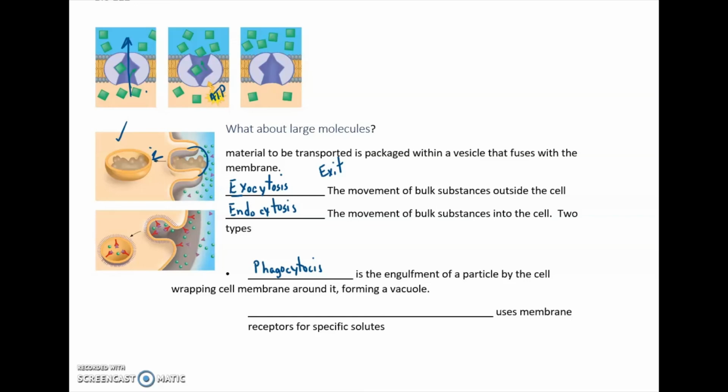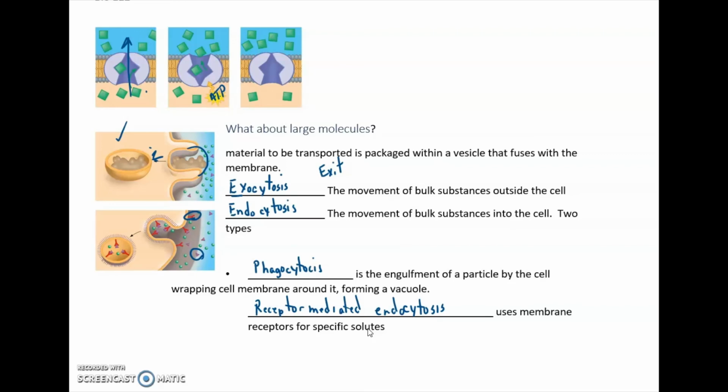The other is receptor-mediated endocytosis. In receptor-mediated endocytosis, there are these receptors, these red Y things here, and they are holding on to a molecule that's of particular interest, these purple triangles.